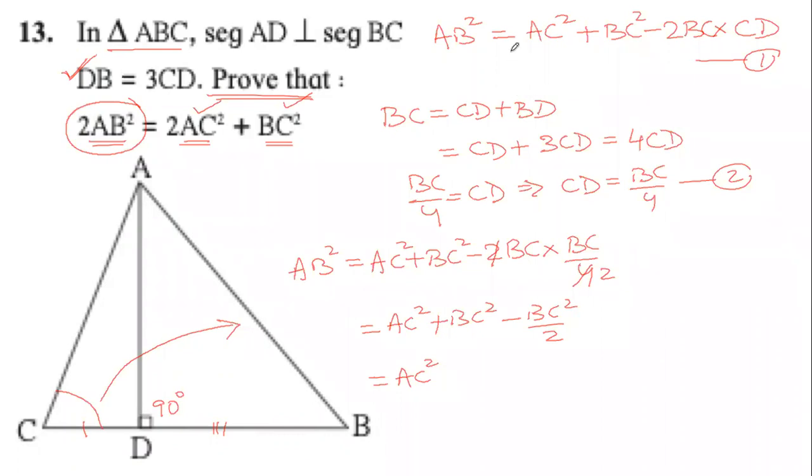Can you write 5 in terms of 10? If I ask you to say what is 5 in terms of 10, what will you say? It will be 10 by 2. So 10 minus 10 by 2 is 10 by 2. So what will be BC square minus BC square by 2?